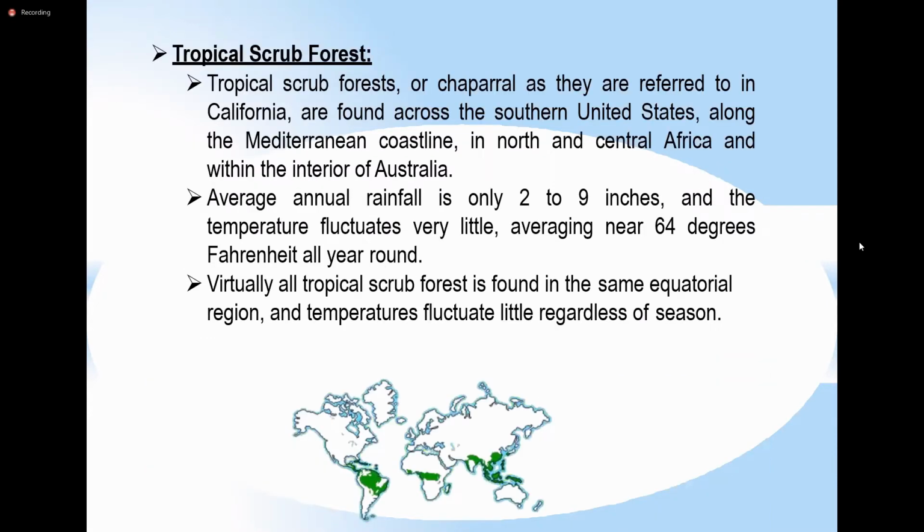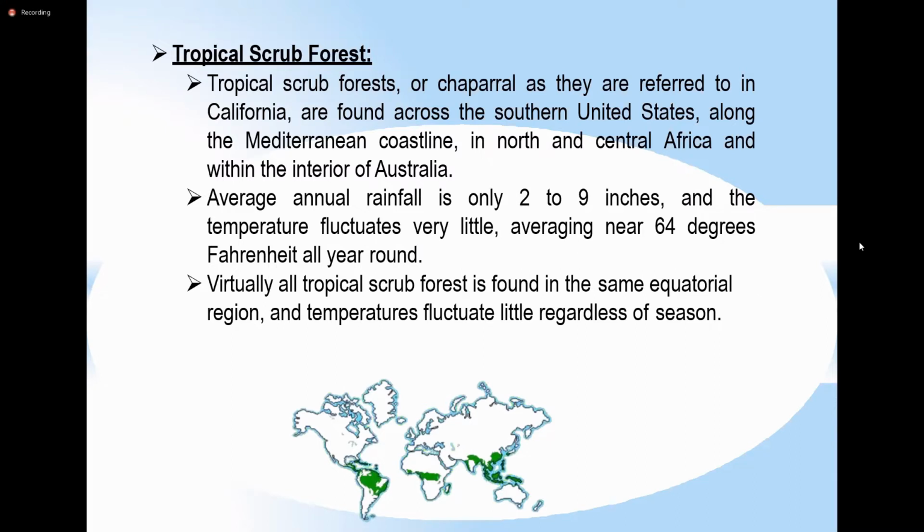Tropical scrub forests are also called chaparral, as they are referred to in California. Now, you must be very much aware of the famous forest fires in California. These fires do take place in the tropical scrub forest because of the dry wood, the trunk, or the bark of the trees which are dry, and the temperatures are soaring during the summertime.